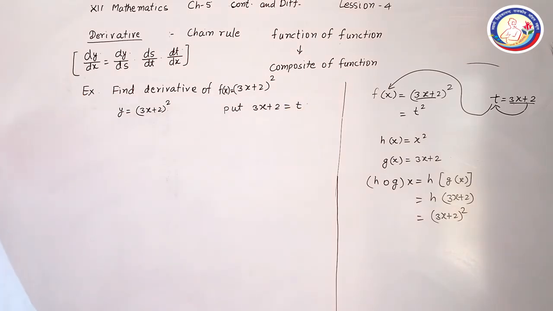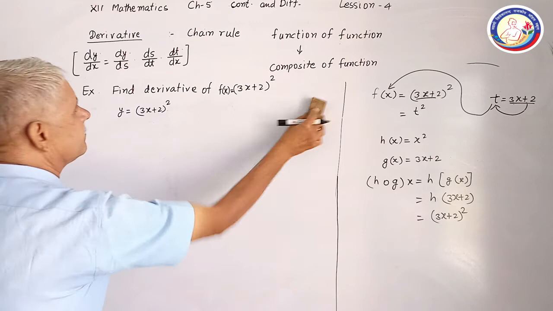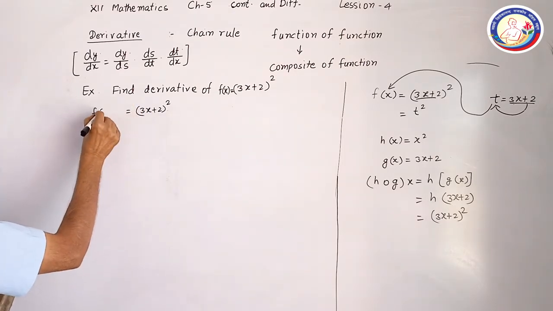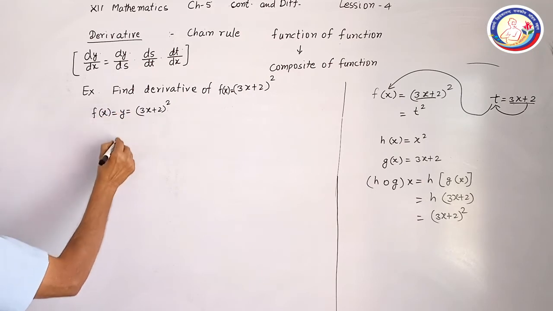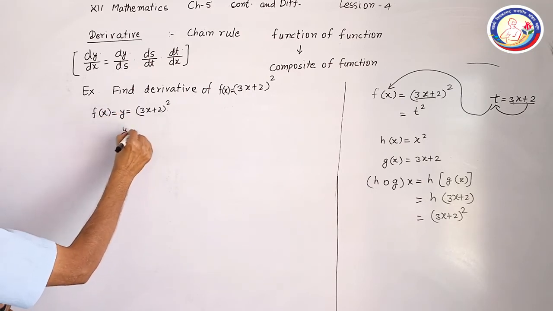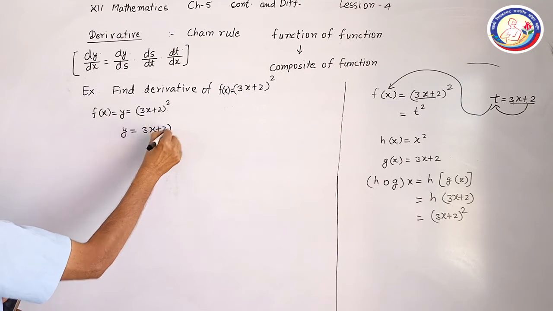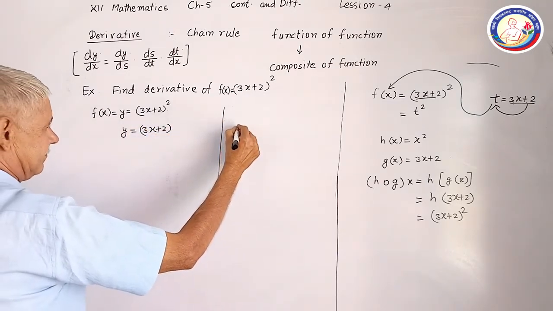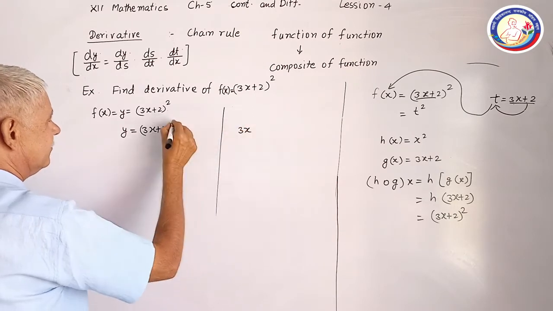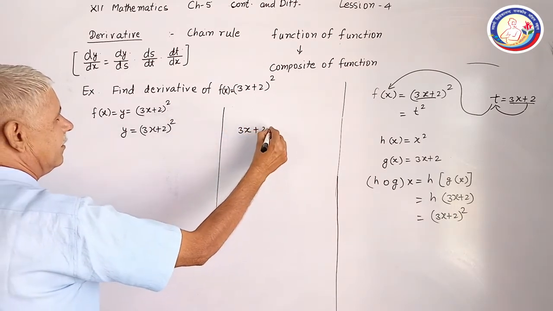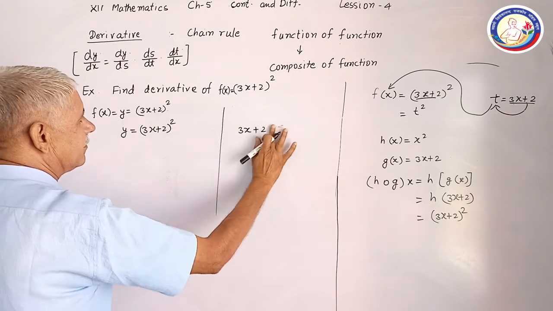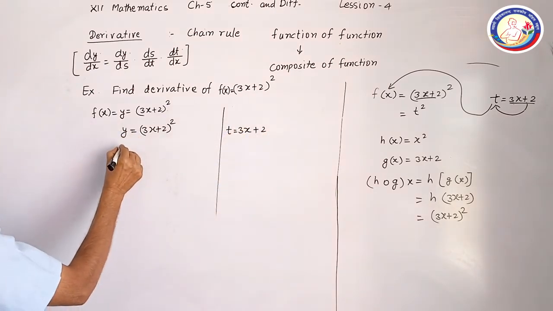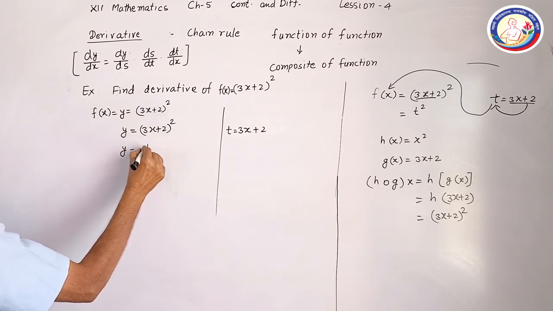Then what will be our function f(x)? y will be equal to (3x plus 2) square. If we put 3x plus 2 equal to t, then this function will change into t square.